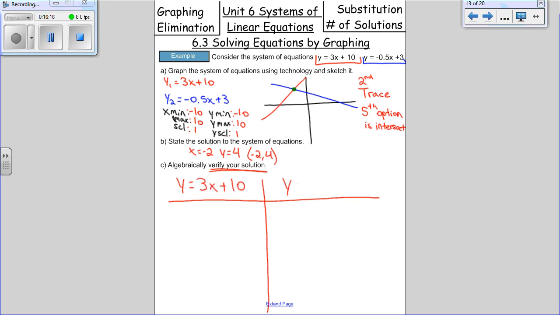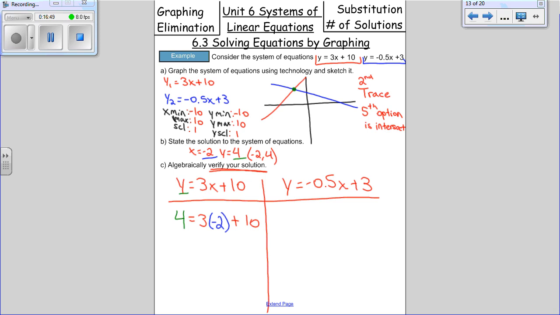What we're doing is we're checking to see that that actually is a point on each graph. You're going to take your y value of 4 and change y to 4. You take your x value of -2 and change x to -2. See how I've changed my values to be the thing I said the answer is?